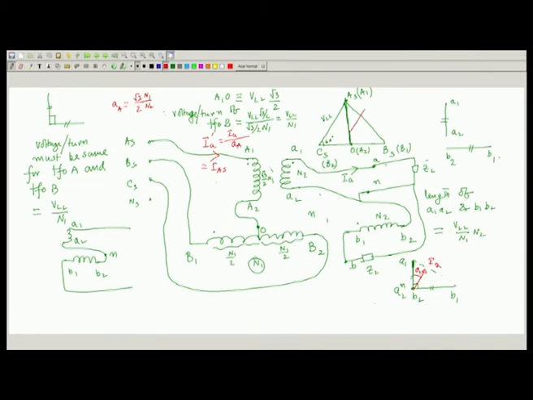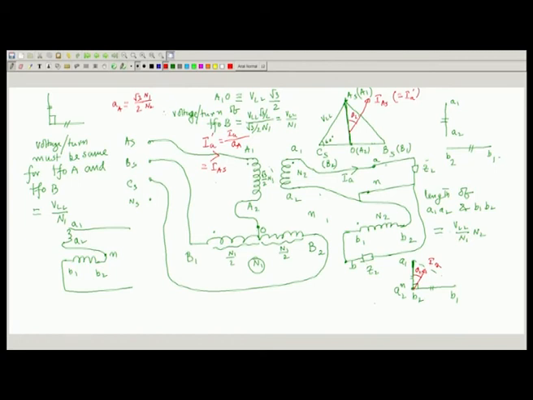I am just drawing here, it does not mean any connection, I am drawing the current. This is your I A S, which I am also calling I A dashed. This angle will be theta 2.